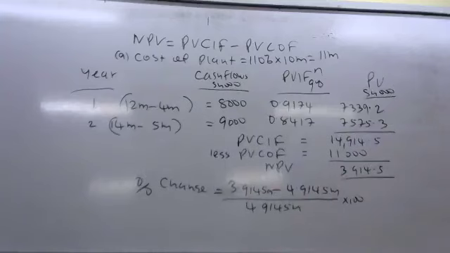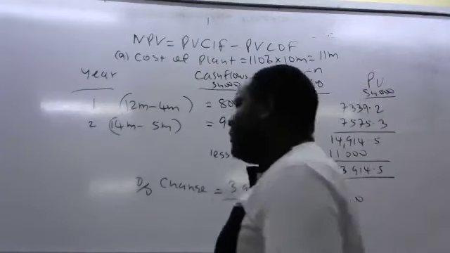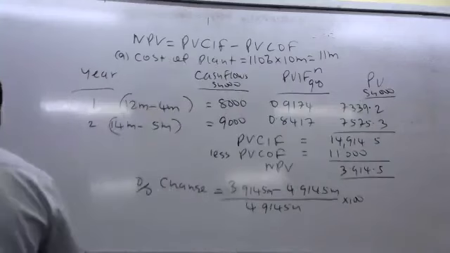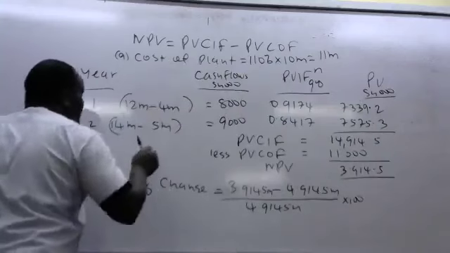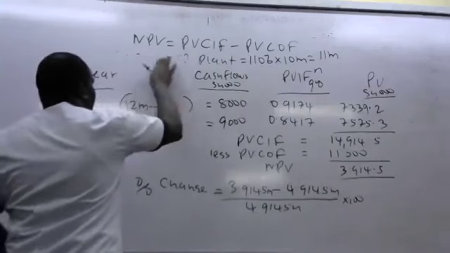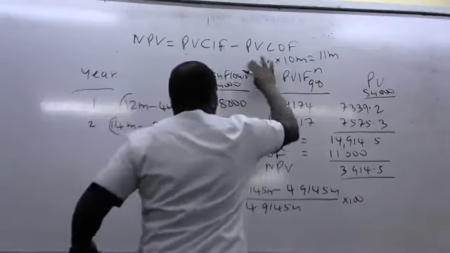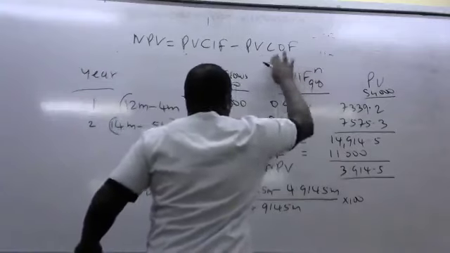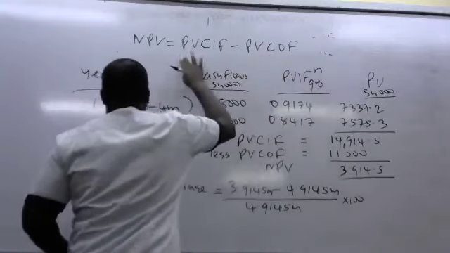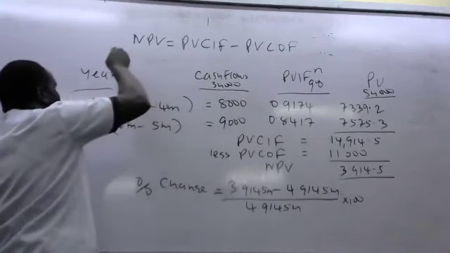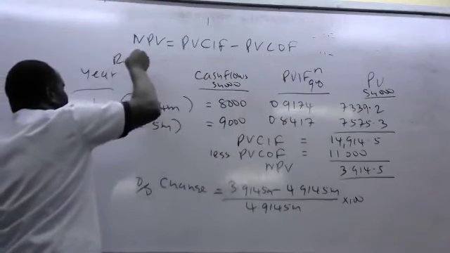So the second item is which item? We got item number 2, which is the running costs.